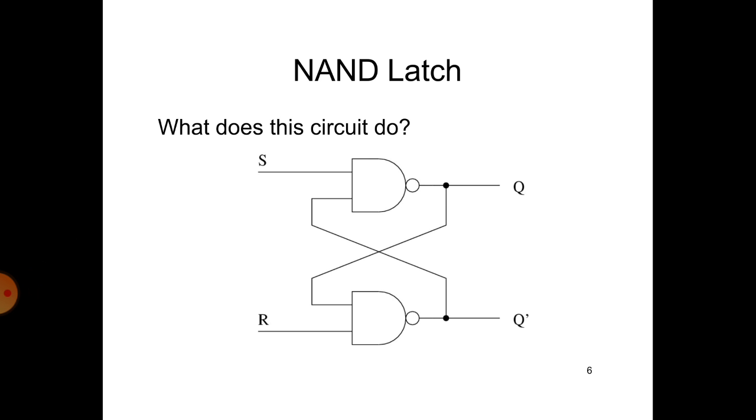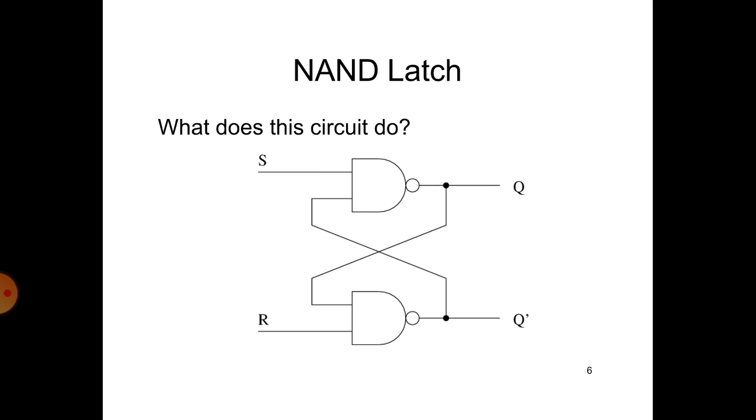Here we are using two NAND gates. The S input will be given to one input of the first NAND gate, and the R input will be given to the second NAND gate. The output of the first NAND gate is Q, which will be given to the input of the second NAND gate. The output of the second NAND gate is Q bar, which will be given to the input of the first NAND gate.